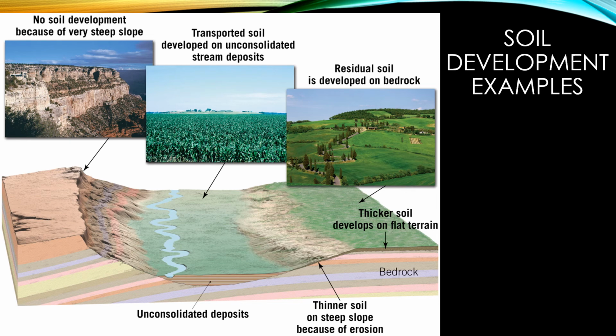It's more of a plateau, right? So the forces of wind and water remove the soil at a much slower rate, and in fact the roots of all of the plant life growing there tend to hold that residual soil in place to a pretty great extent in this particular example.